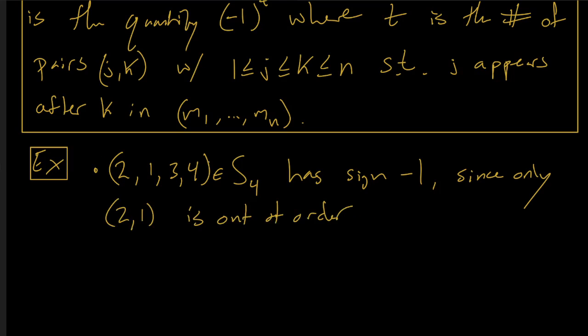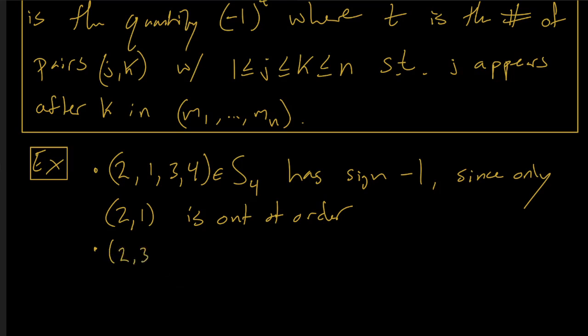That is, if you look at this, okay, should 2 come before 1? No, 2 comes after 1. Okay, so those two are out of order. But 3 comes after 1, and 3 comes after 2, and 4 comes after 1, and 4 comes after 2. So those guys are in the right order. And 4 comes after 3, so that's in the right order. The only thing that got out of order was these first two. All right, so it's sign -1. That is (-1)^1.